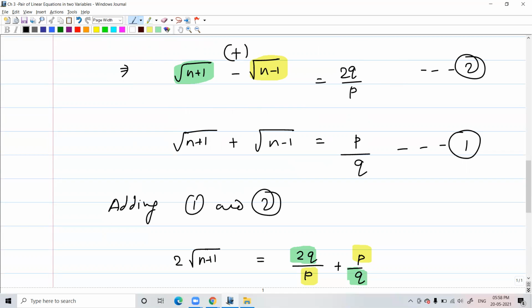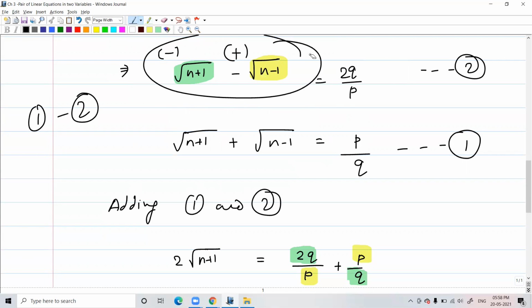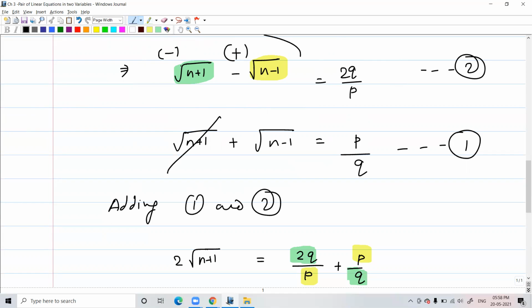This minus will become plus, and this plus will become minus. I'm going to do subtraction of 1 minus 2. Remember, that's why I'm changing the sign of this guy over here. So square root of n plus 1 and square root of n plus 1 will get cancelled, and this time I will get square root of n minus 1 in my LHS. Okay, let me write it properly.